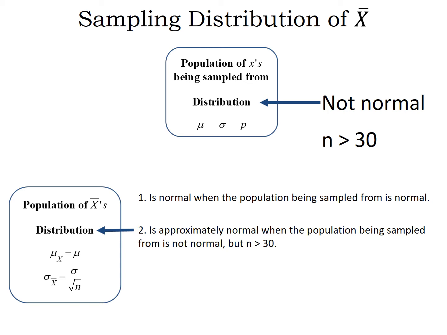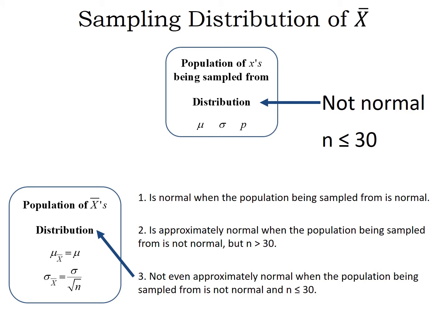And the final fact we have related to the distribution of x bar is that x bar is not normally distributed when the population is not normal, but if the sample size is too small, we can't even use an approximation of a normal curve for x bar. So when my variable is the sample mean, like earlier I said, what's the probability the average height of 100 random people is more than 6 feet tall?